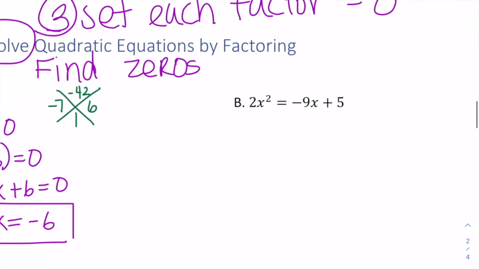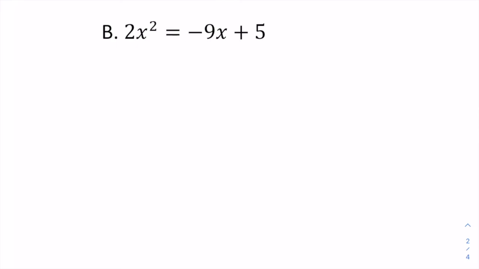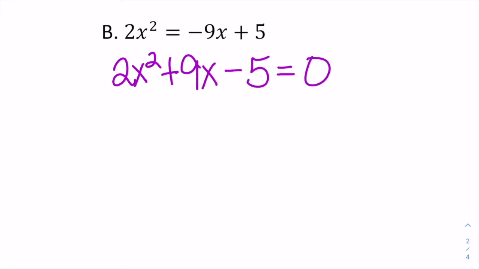Now for the last one here for today, we're going to have to set this equal to 0. So I'll add 9x to both sides and subtract 5. I try to keep the number in front of x squared positive, but you can do it the other way as well. Okay, so for this one, I'm trying to find two numbers that multiply to make negative 10 and add to make positive 9.